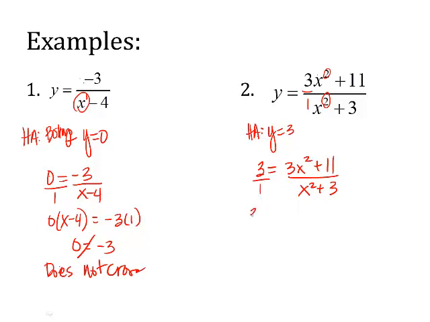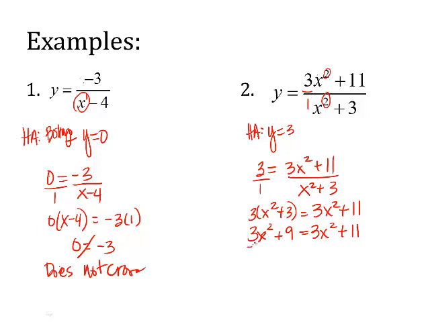Okay, so cross multiply. Distribute the 3. All right, so notice I have 3x squared on both sides of the equation.